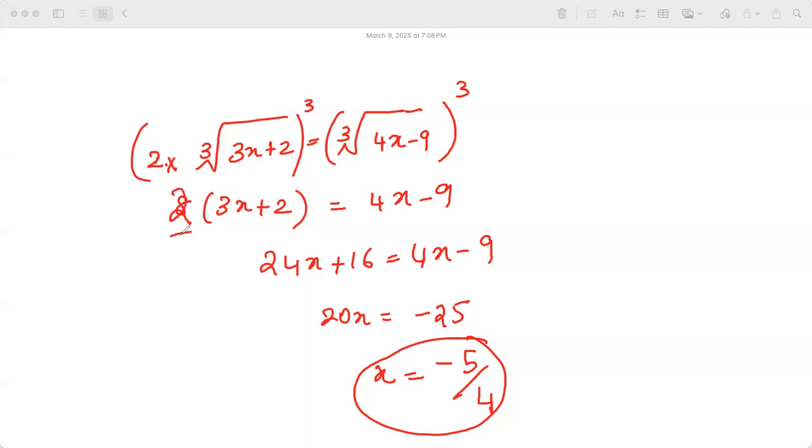It's 8 times 3x plus 2, because when you cube both sides, I didn't put the parentheses over 3x plus 2. I just did 8 times 3x. Oh, I see. 8 times the whole 3x plus 2, you did. Yes, that's right. Thank you for explaining that.